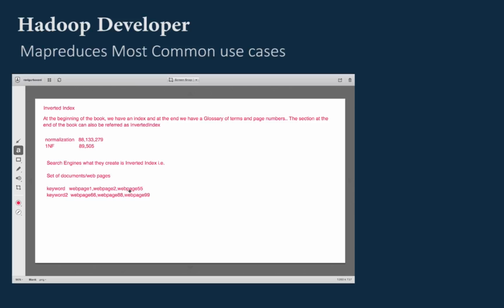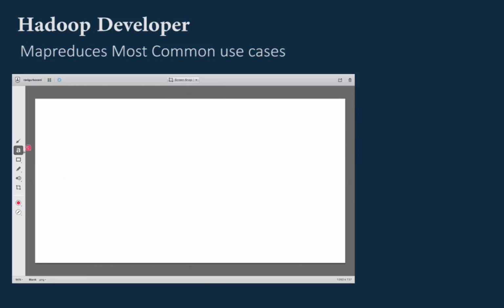So let's understand how we would do that in MapReduce. So we have, let's say, a couple of documents.